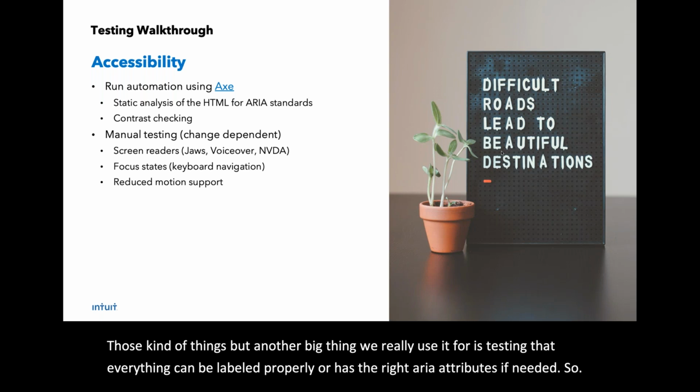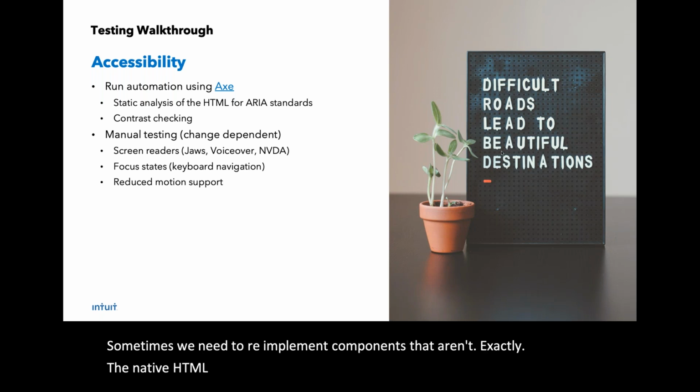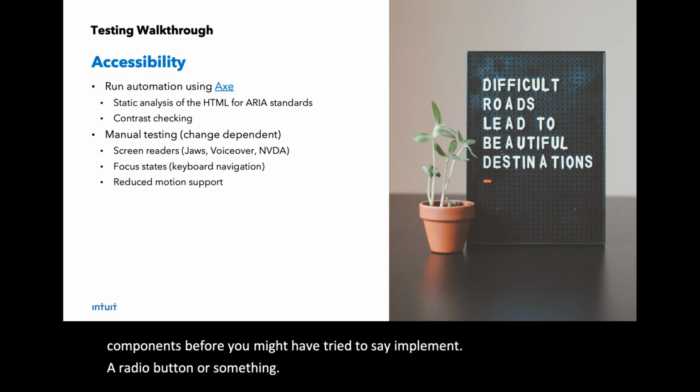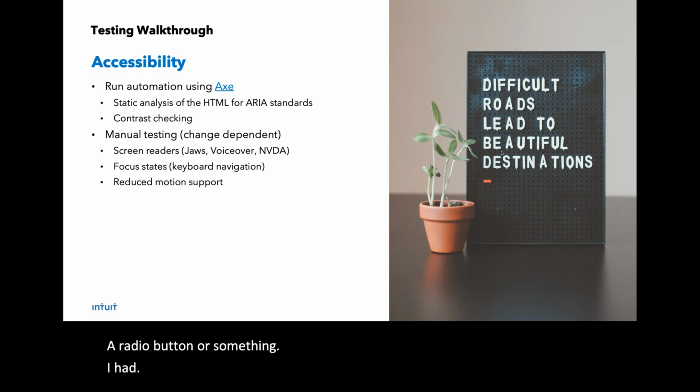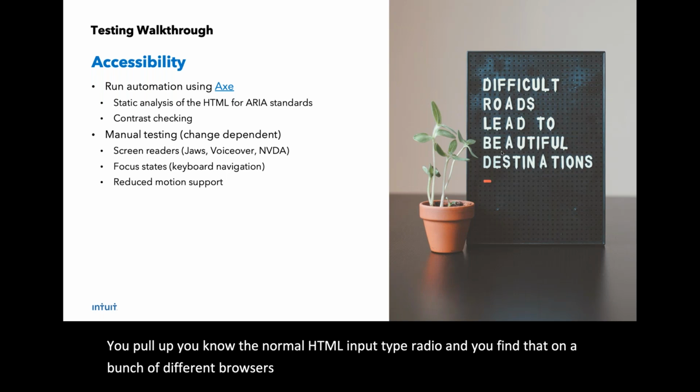Sometimes we need to re-implement components that aren't exactly the native HTML element. So for some of you who've implemented some components before, you might have tried to implement a radio button or something, and you pull up the normal HTML input type radio, and you find that on a bunch of different browsers, the input doesn't really look the way you want.